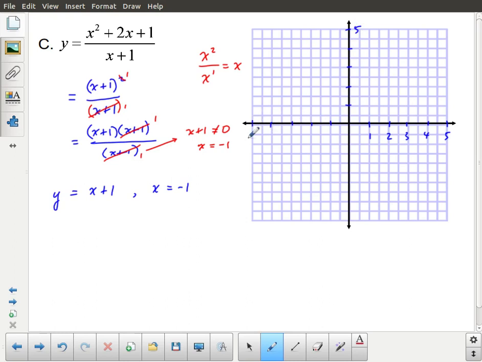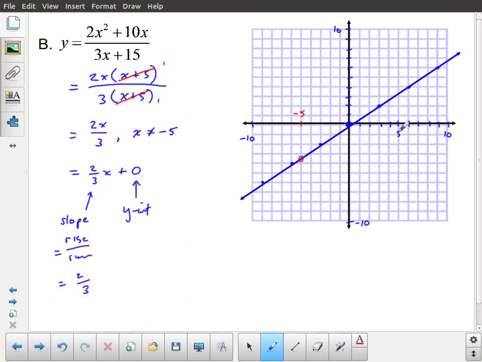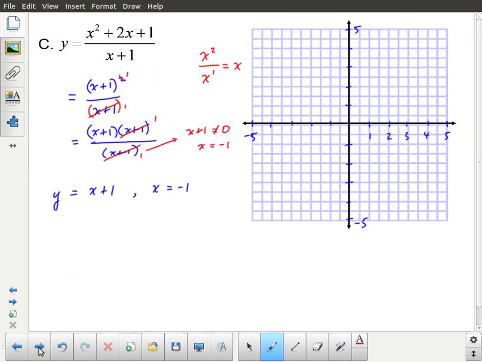Sometimes there's definitely a better or a necessary choice for scale. But between this question and the one I did before, I needed this fairly small scale so that I could actually show a number of points because of this awkward slope, 2/3. Here, my slope is just equal to 1.